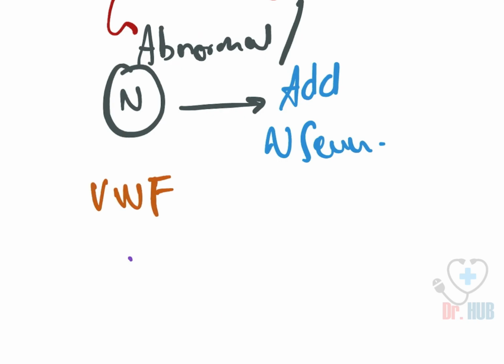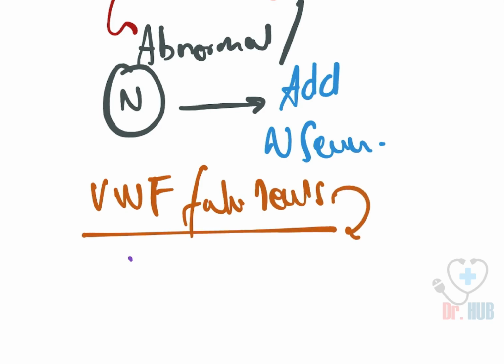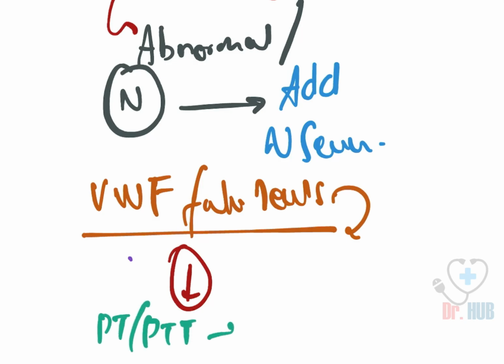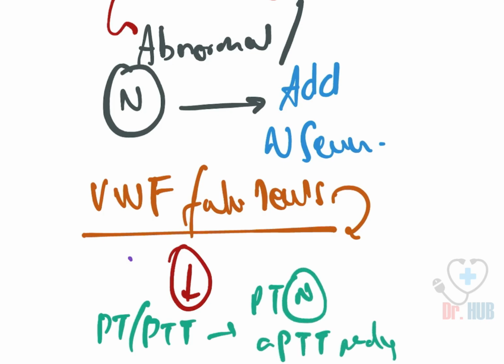Next, looking at the VWF factor levels, here it decreases. Then looking at the PTT levels, PT is generally normal, whereas the APTT is prolonged.